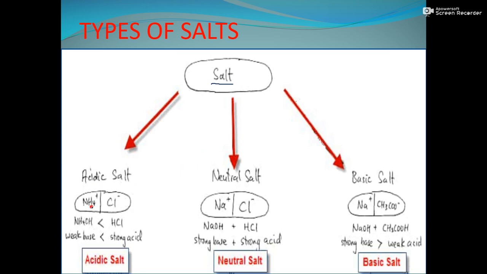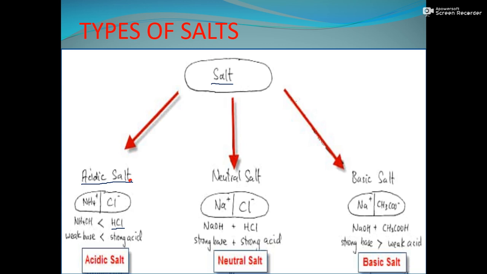So when we call the salt acidic salt, it will be when, of the acid and base which are used in the formation of that salt, the acid is strong and the base is weak. So whichever part out of acid or base we take as strong, the name of the salt will be given on that.